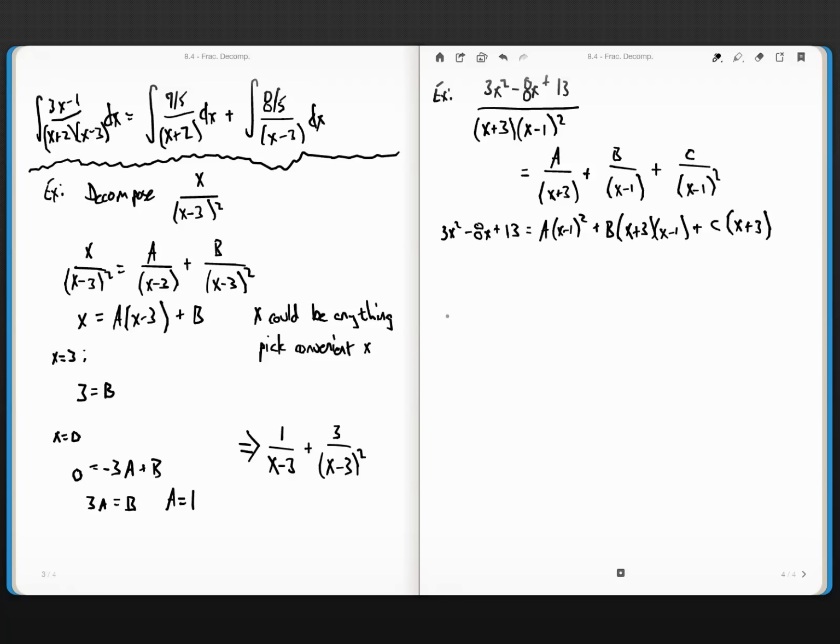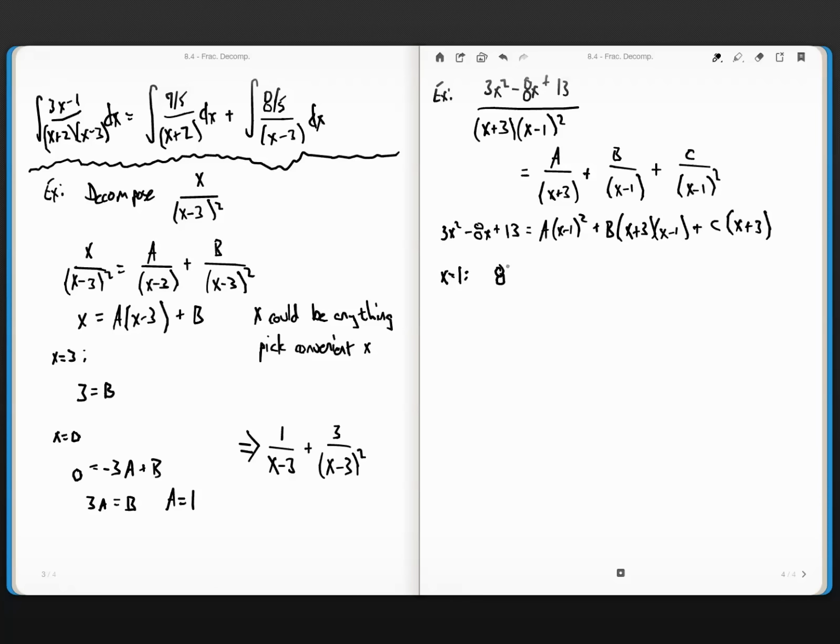Well, one convenient value of x that'll make a lot of stuff go away is x equals 1, because that makes this go away and that makes this go away. So that's the first one I'm going to do. x equals 1. All right. So now I have 3x squared, which is 3, minus 8, which is negative 5, plus 13. That'll just become an 8. Is that right? 3 minus 8 is negative 5, plus 13 is 8.